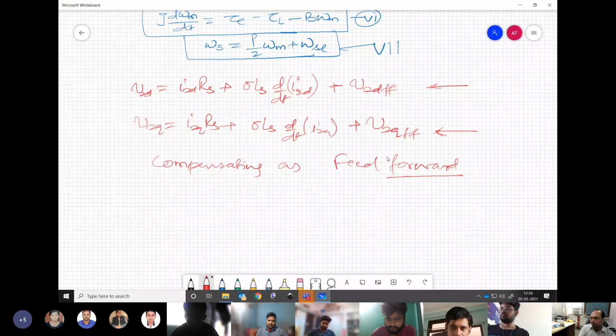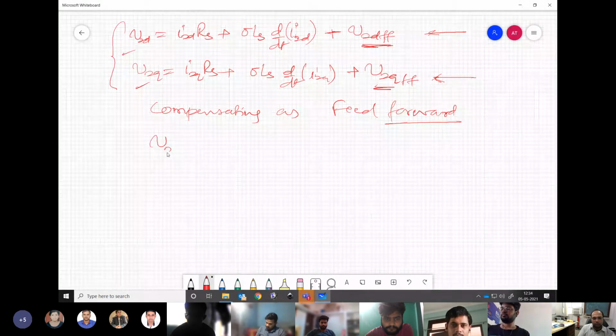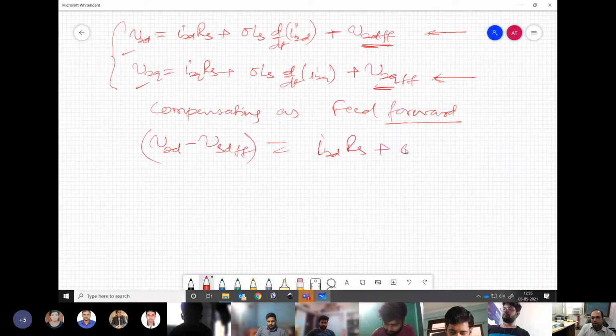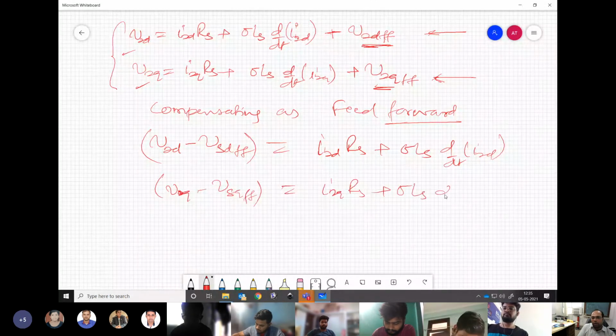Understanding my point? Now, once you have done the feed forward, it means that you have absorbed these terms within this. VSD minus VSD feed forward is equal to ISD RS plus sigma LS d/dt of ISD. And here you can write VSQ minus VSQ feed forward is equal to ISQ RS plus sigma LS d/dt of ISQ.